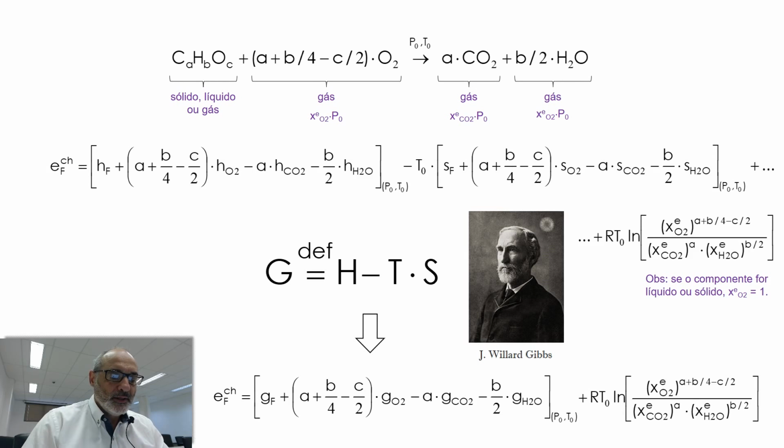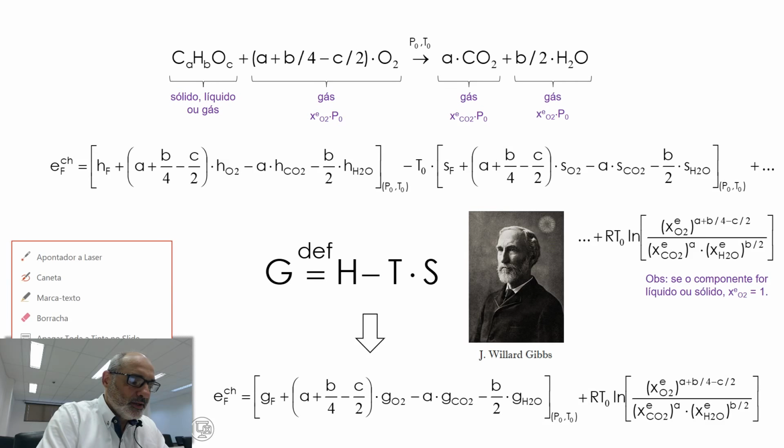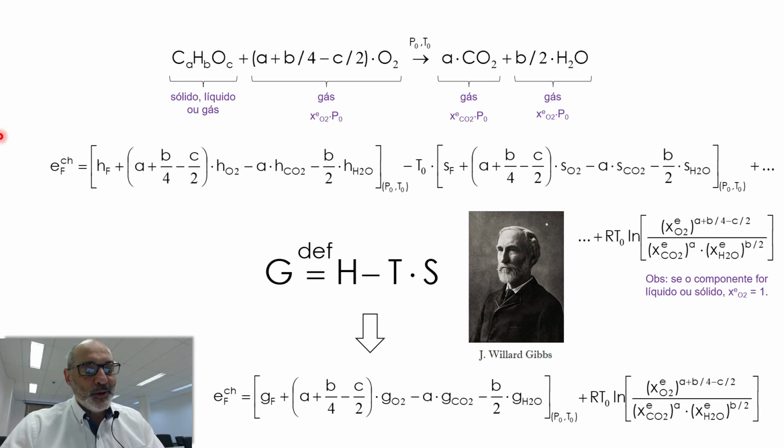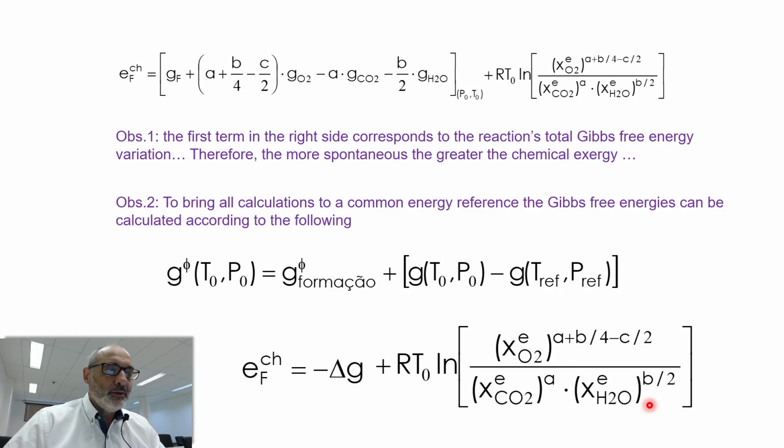So when we do this, we get this less complicated formula, in terms of Gibbs free energy of the fuel, of oxygen, of CO2 and H2O, plus the interesting term that I'm going to explain in a moment.